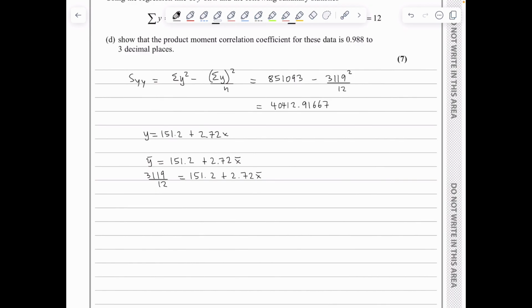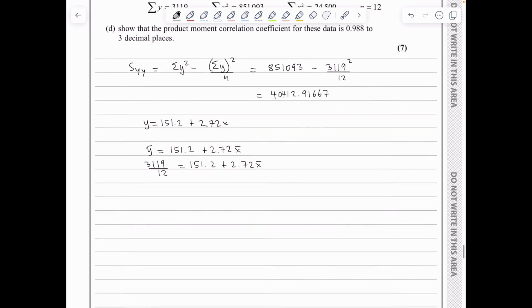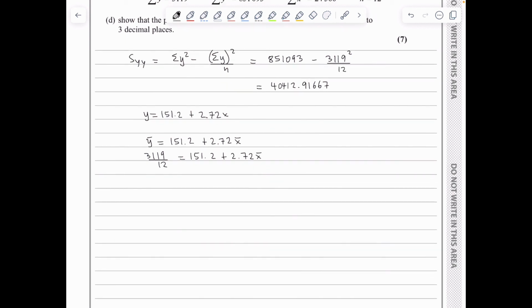We can solve for x bar. We get first of all that 6523 over 60 is equal to 2.72x bar, and dividing by 2.72 gives me that x bar is 32,615 over 816.